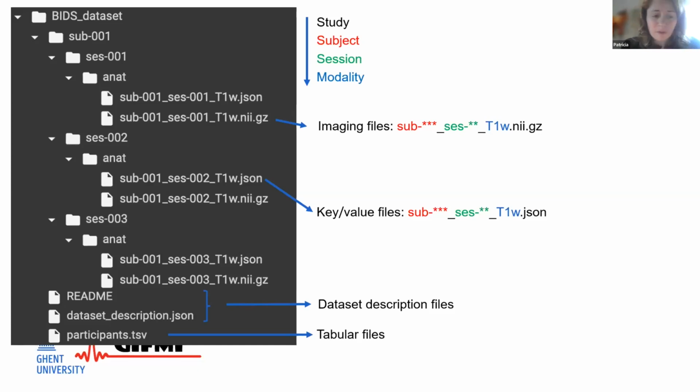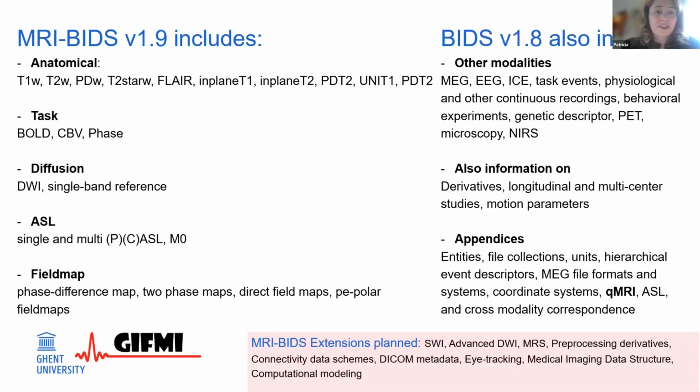So once you read the whole recipe book, or the specification, you will get more insight on how to do this. Currently we are at BIDS version 1.9, and I provided an overview of all the modalities, MR modalities, but also other types of modalities that are included already. And as you can see, it's already a lot. If you're using EEG, MEG, you can also start using BIDS, PET data as well, microscopy.